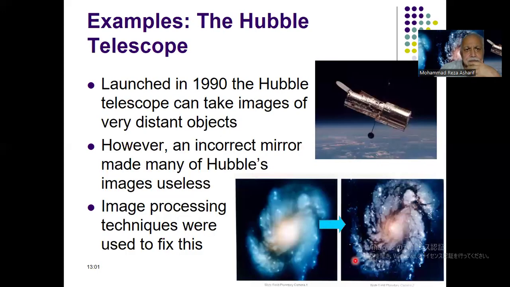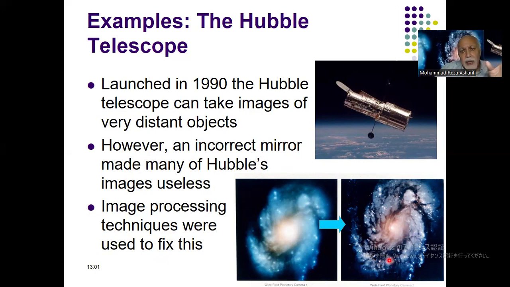This is another application. The background in this image here is from the Hubble telescope, which since 1990 can take images of very distant objects. However, the mirror was incorrect, so the Hubble image became blurred like this. By processing techniques, we can fix it like this.